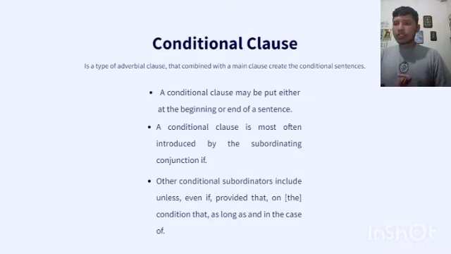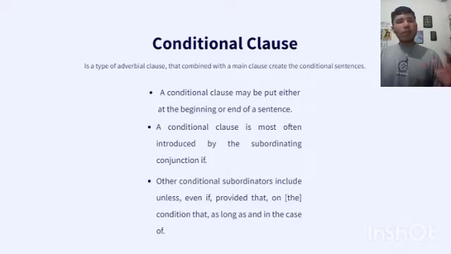Going further, we're going to set a standard structure, but like I'm saying here, it can be changed. A conditional clause is most often introduced by the subordinate conjunction if. This is the most common case, but we can also have other conditional subordinators like unless, even if, provided that, on condition that, as long as, in case of. There are many of them, and we're going to see a bunch of them in the examples.